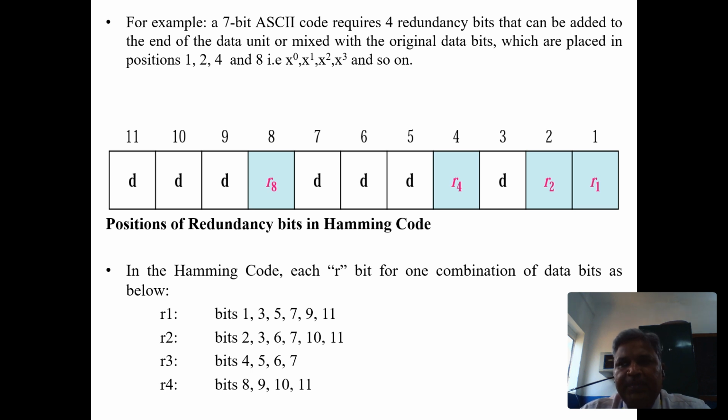So how are these numbers obtained? We need to know. For example, R1: we need to check the positions 1, 3, 5, 7, 9, 11. How are these positions obtained?